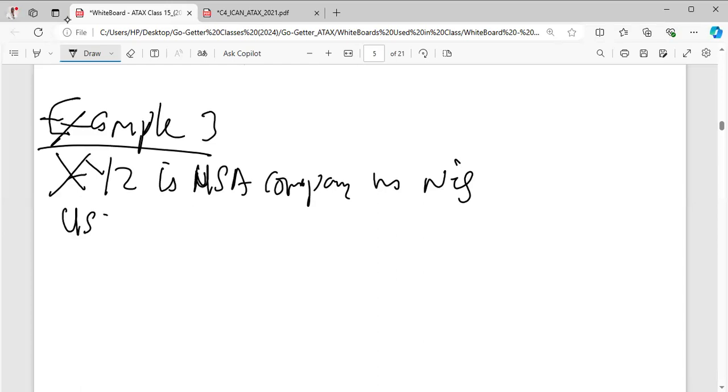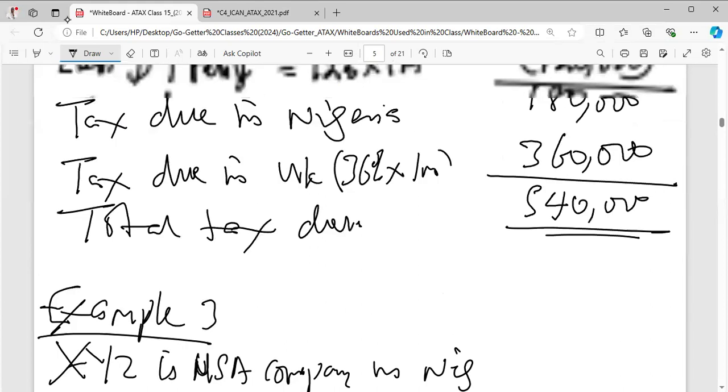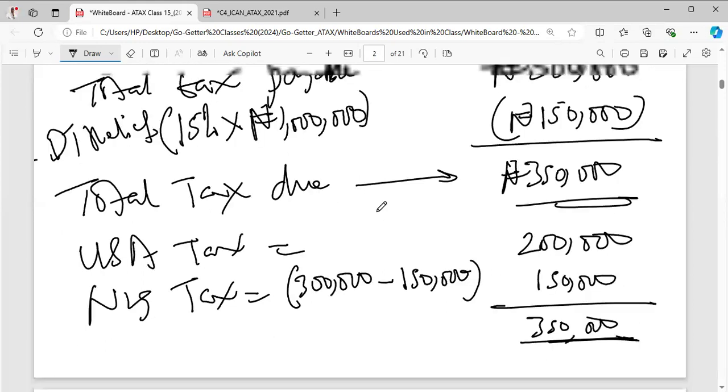US tax, which is its Commonwealth rate, happens to be, let's use the one we used before. Let me see what was done before. We had 20%.